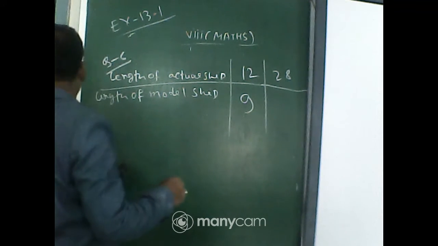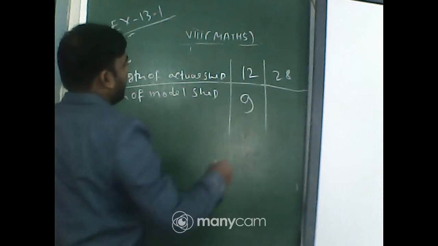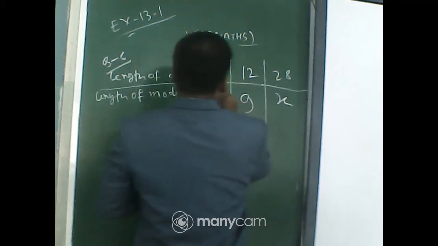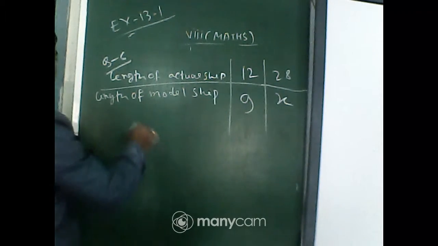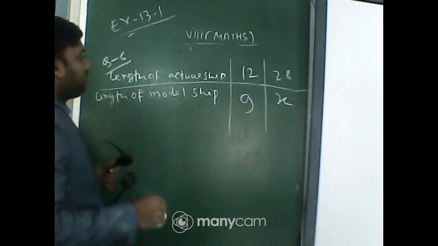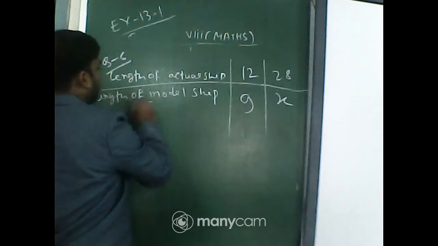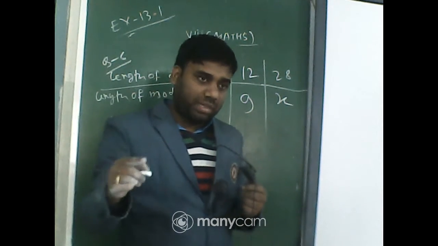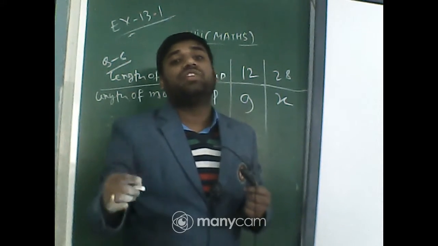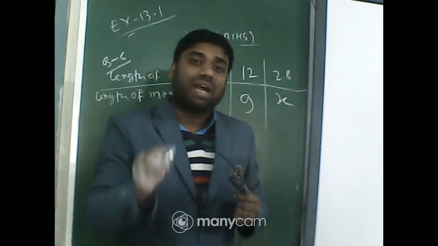Let the length of the model ship be x. Length of the actual ship and length of the model ship are in direct proportion.